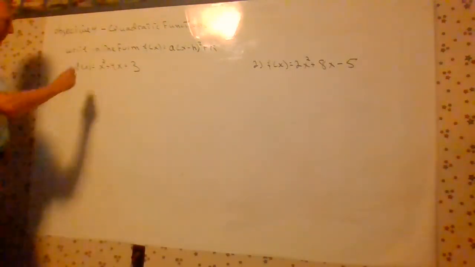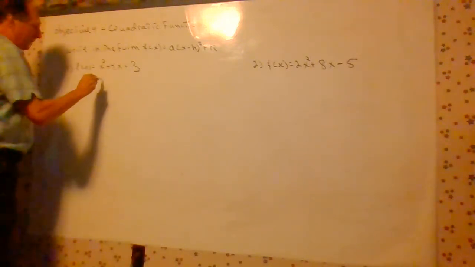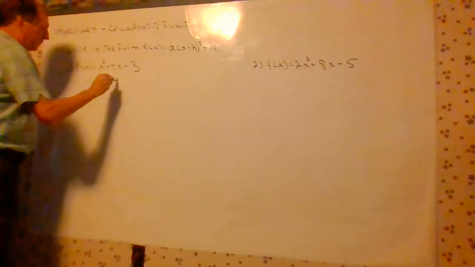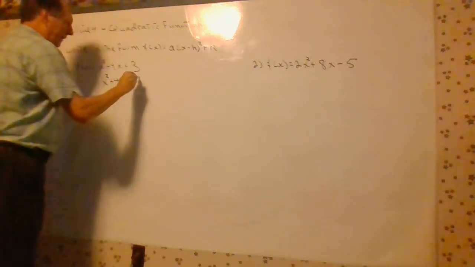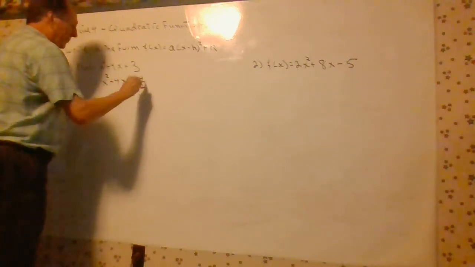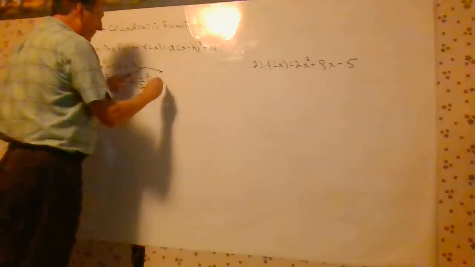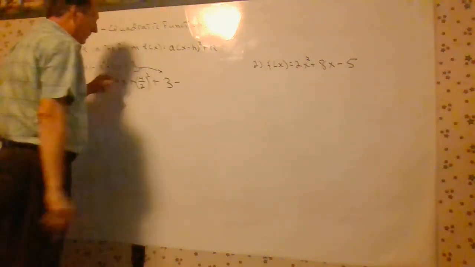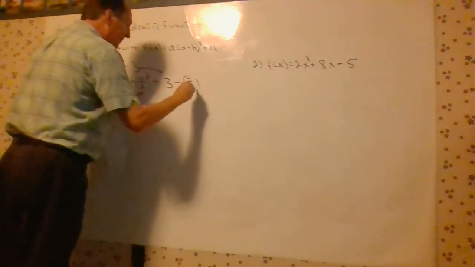The first example, x squared plus 4x plus 3 is equal to x squared plus 4x. We need to complete the square so we can factor. So we're going to add 4 over 2 squared. And then we bring down the plus 3. And then since we added that, we're going to subtract it here on the end.